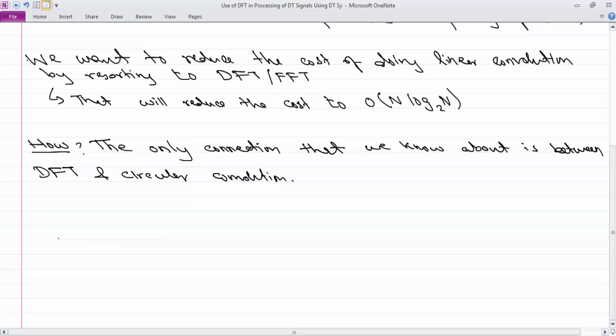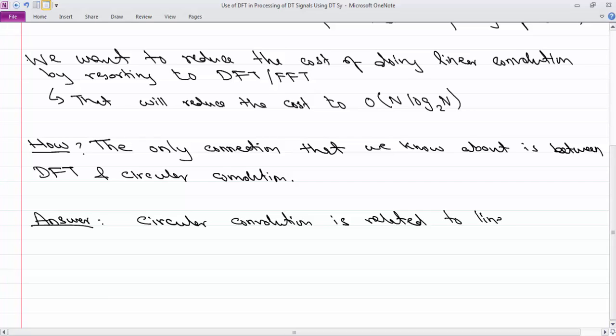So the answer is that circular convolution is related to linear convolution as long as we use enough points for our circular convolution.